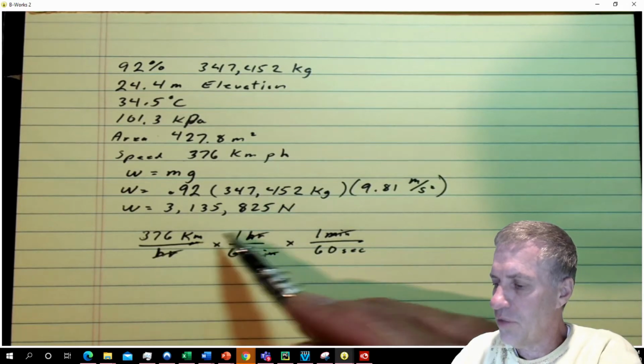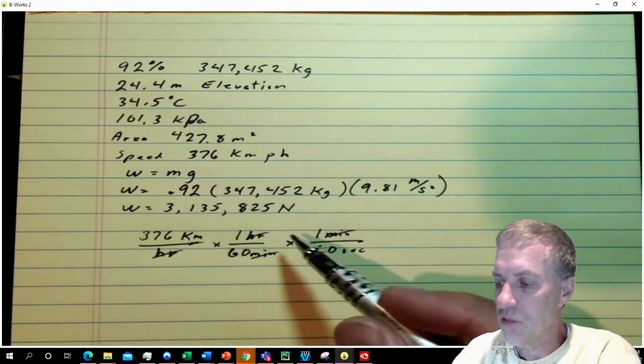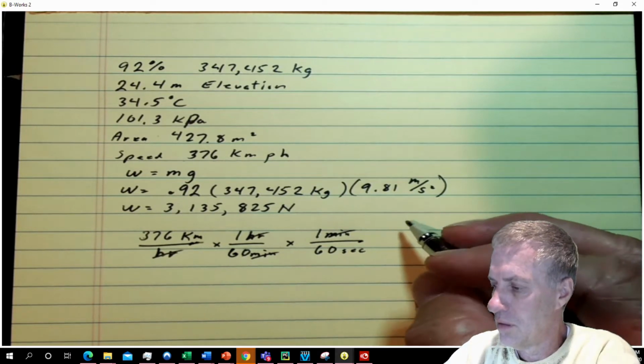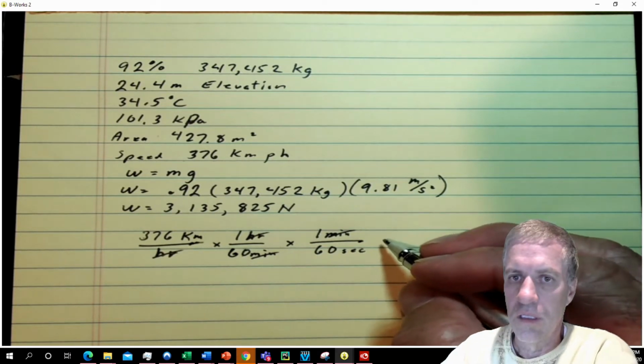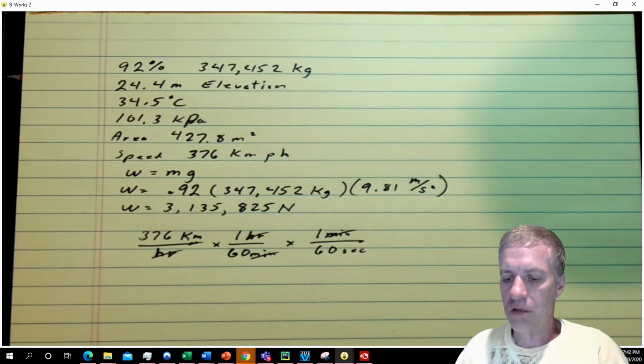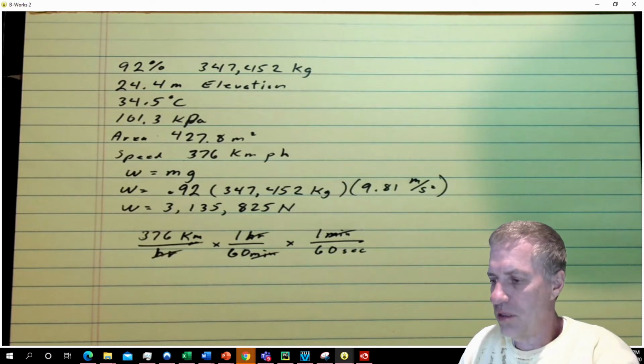Okay, now we've got kilometers, and I want that to meters per second. And so a kilometer is 1,000. So when I get my calculator, let's see what we come up with here.